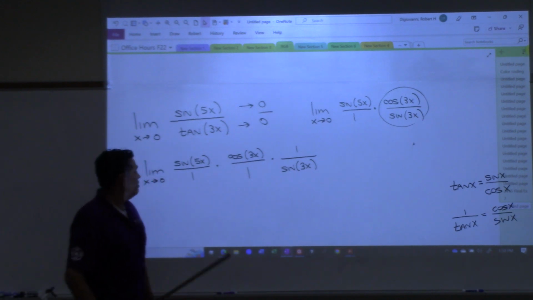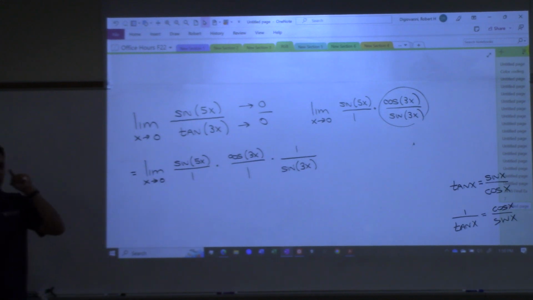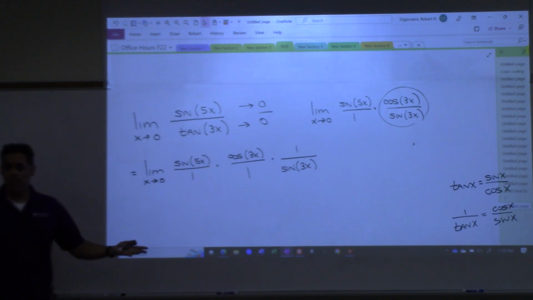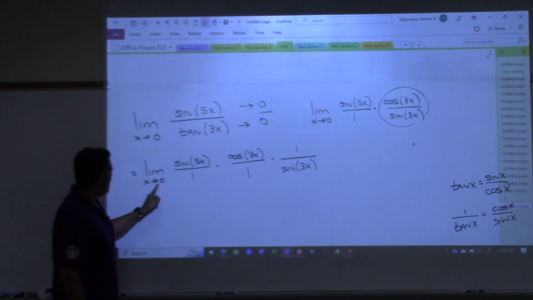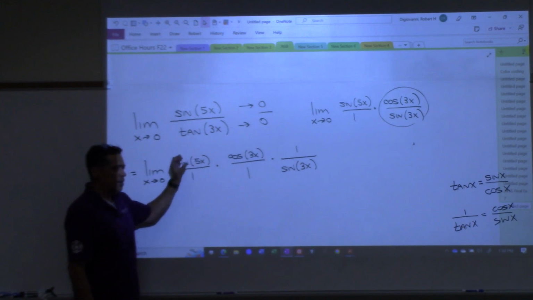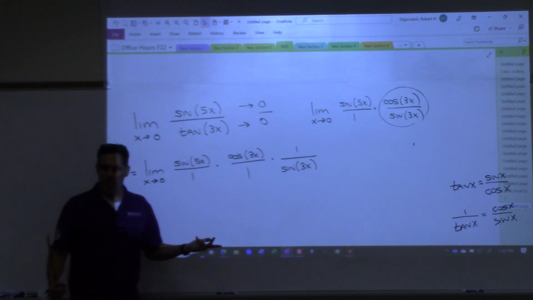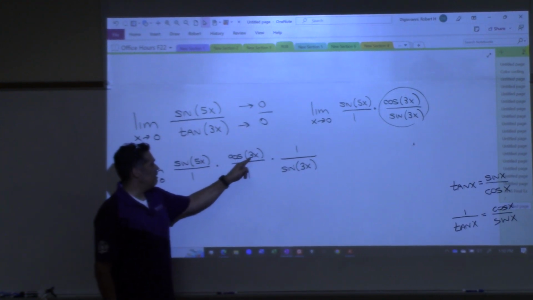Now what I'm going to do is look at this and ask myself, where am I having a problem? Where's the issue coming from? Well, if I let x go to 0, we already said sine of 0 is 0. 0 divided by 1, is that a problem? No. 0 divided by 1 is 0. So that's not a problem. What's cosine of 0? 1.